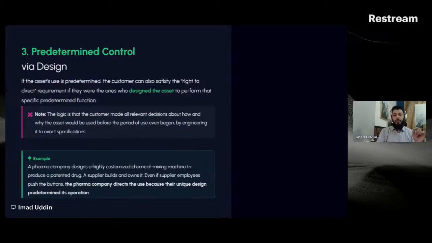But because it's a very specific chemical mixing machine that can only do the work that the lessee wants, even if the supplier pushes the buttons, the pharma company directs the use because their unique design predetermined its operations. And so we would say that this was a predetermined control of the lessee by design.